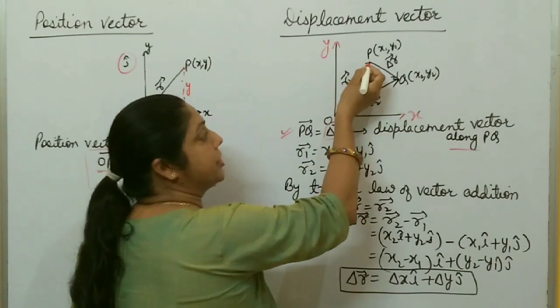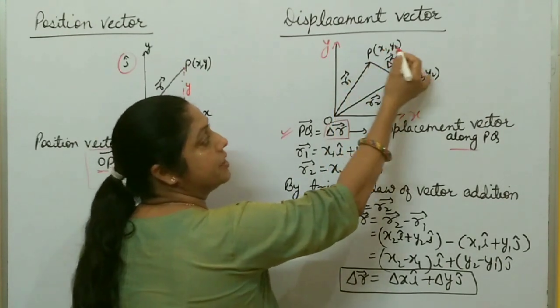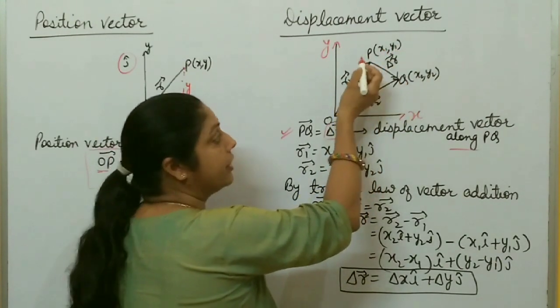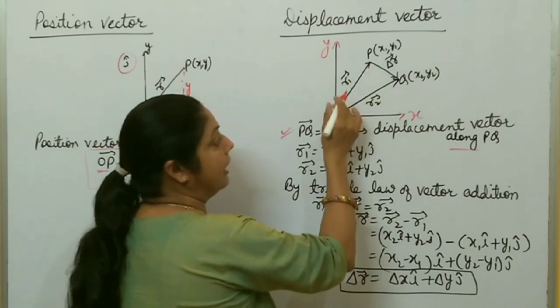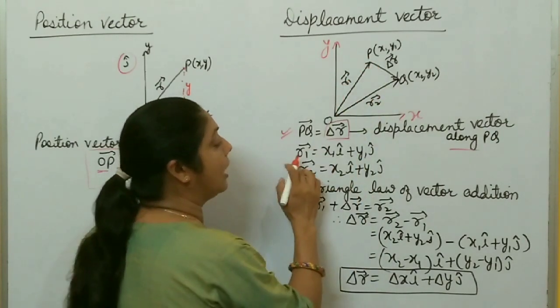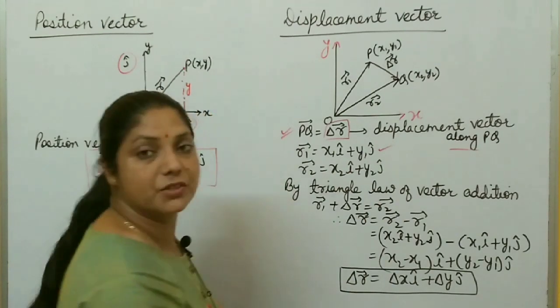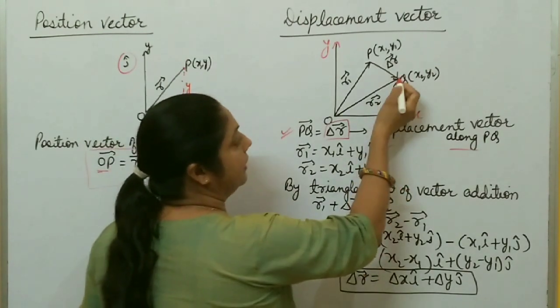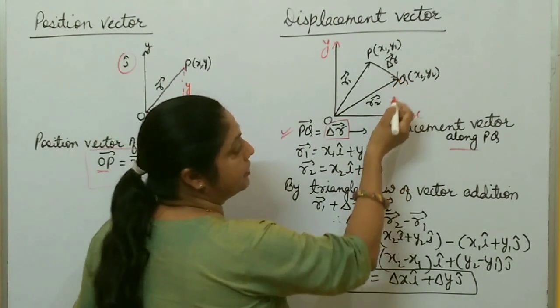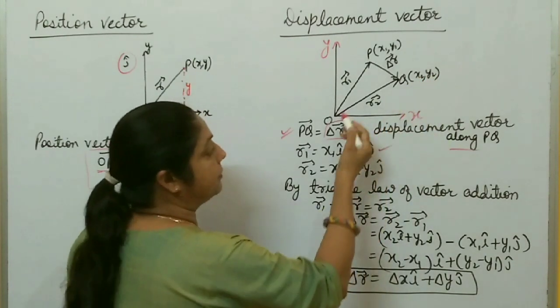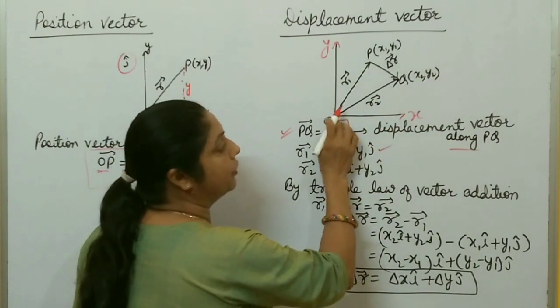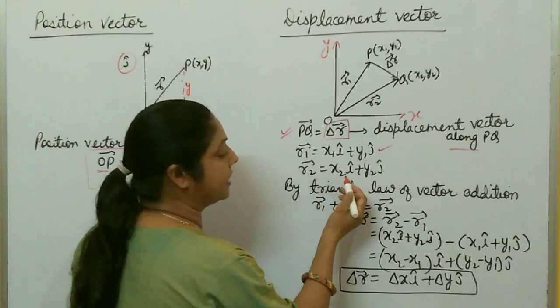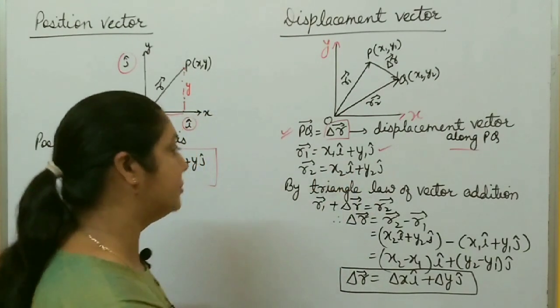Suppose the coordinates of point P are (x1, y1) and its position vector is r1. So let r1 equal x1 i plus y1 j. Again the coordinates of Q are (x2, y2), so the position vector from O to Q is r2, given by x2 i plus y2 j.